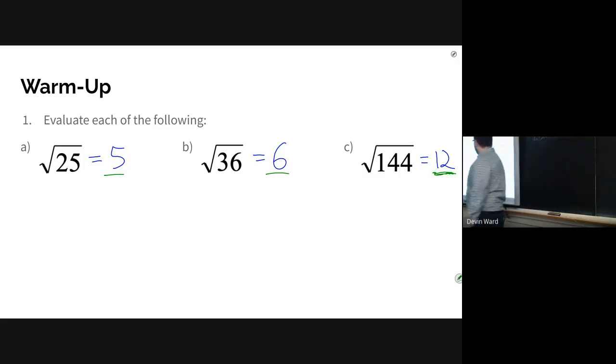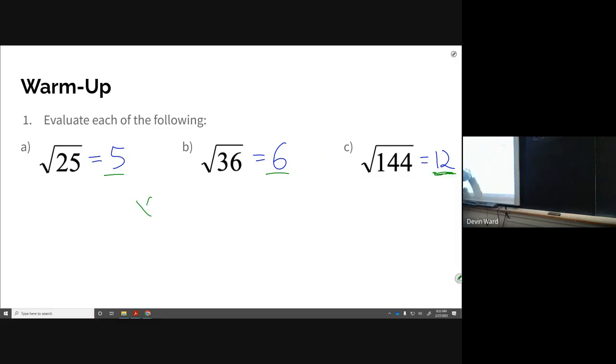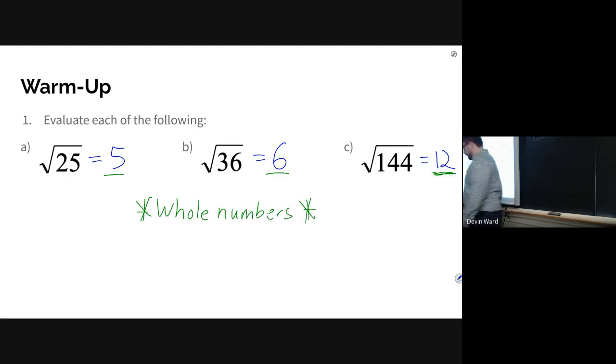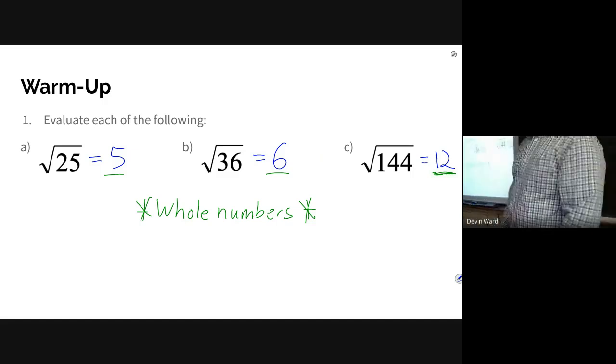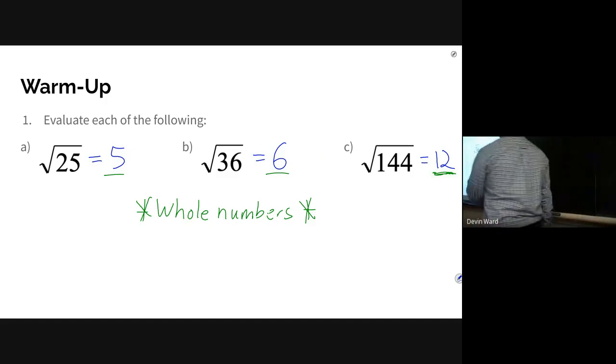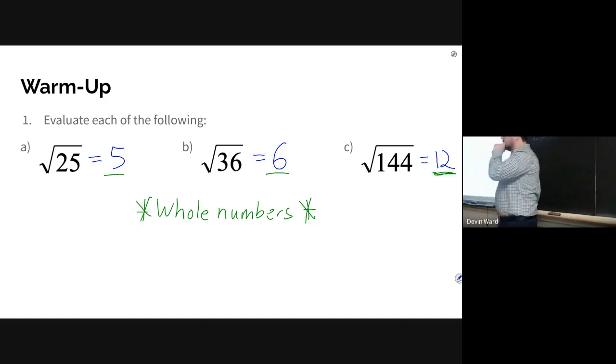So these are whole numbers. Whenever we use difference of squares, we're going to have whole numbers.